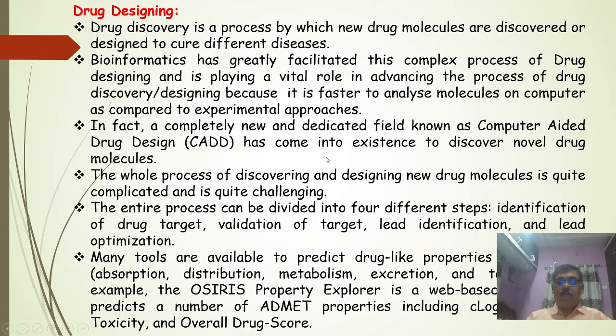Many tools are available to predict drug-like properties, namely ADMET: absorption, distribution, metabolism, excretion, and toxicity. These are the five things we have to observe during the action of any drug: how it is absorbed, then distribution, metabolism, excretion, and toxicity.